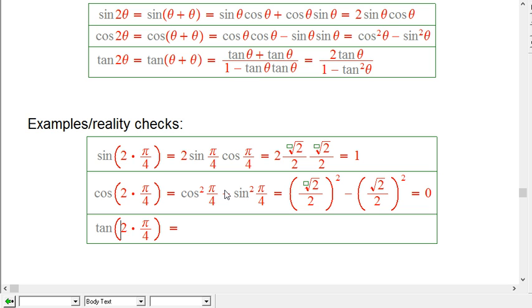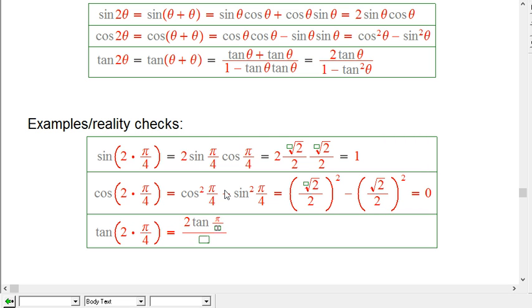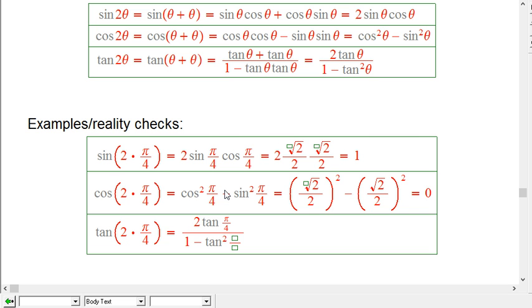Now, this is an even more interesting one. Tan of 2 times pi over 4. Our naive guess, which is totally wrong, would be 2 times tan pi over 4, which would be 2 times 1 is 2. Well, the real thing has that as part of it, but has a very important modification. And this is where we discover why it's really important that that's in a denominator. So that's 2 times 1 over 1 minus, well, tan pi over 4 is 1. Tan squared is still 1. Over 1 minus 1. Uh-oh.